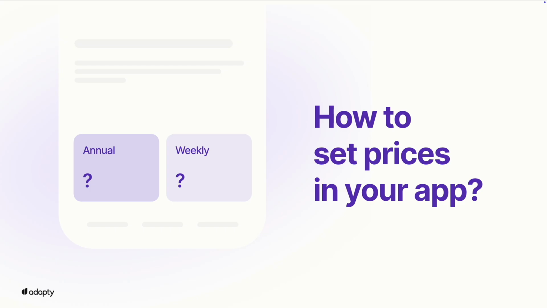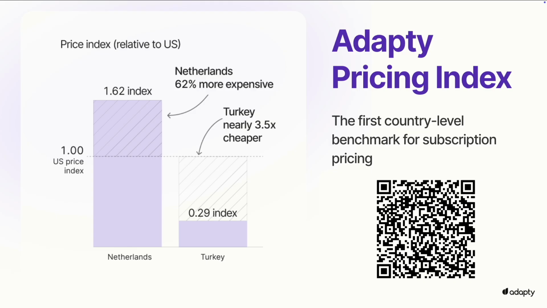Also, an important question that many developers ask themselves is how to set the prices in the application, especially if you do it in multiple regions. And so for that, we have the Adapty pricing index. We analyzed hundreds of thousands of different transactions, and we put them into one pretty big report that you can download using the QR code on this slide.